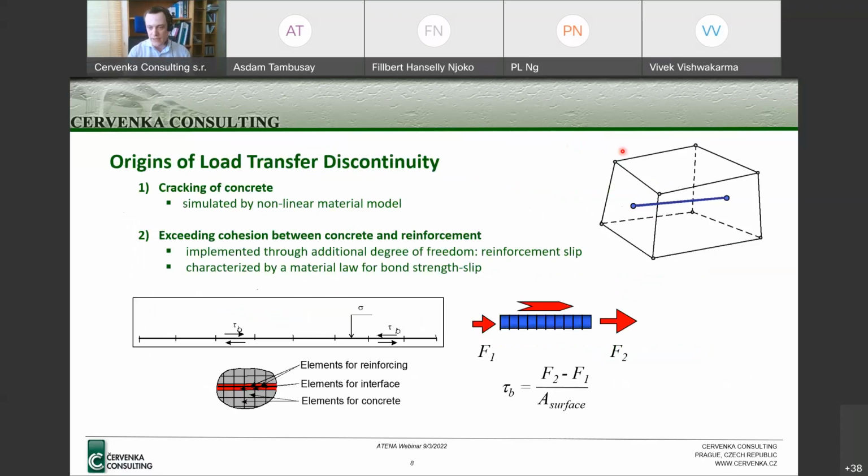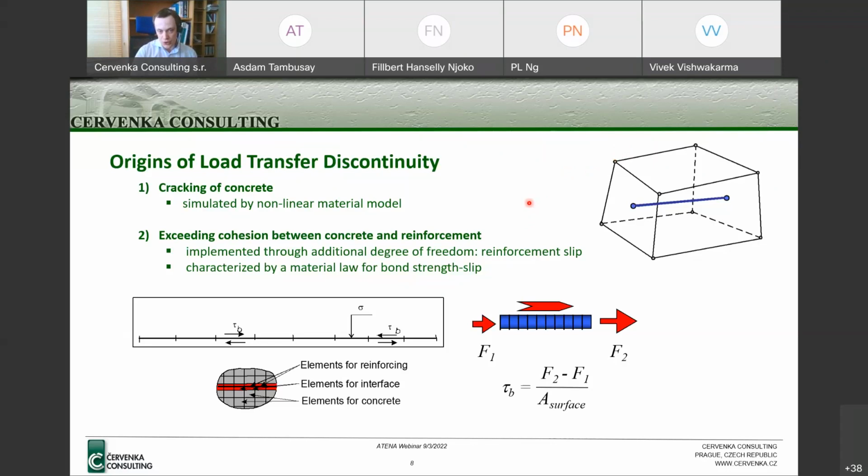So, getting back to the topic for today, which is how the reinforcement and the concrete carry the load together. The discontinuity of strains can occur basically for two reasons.